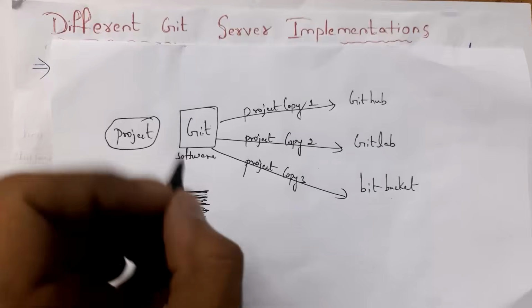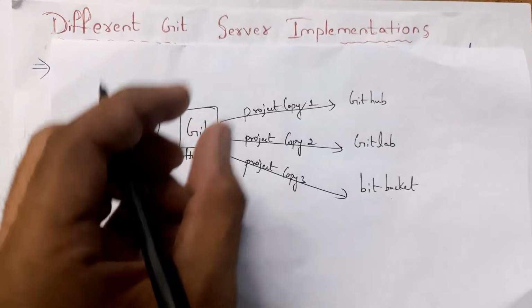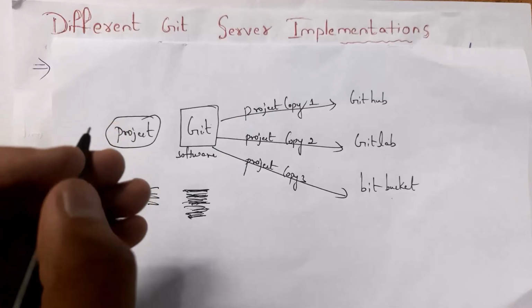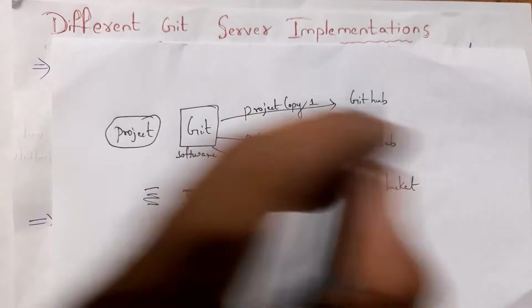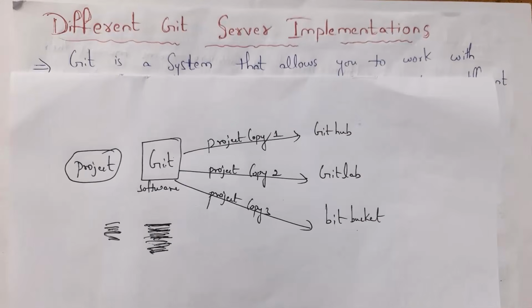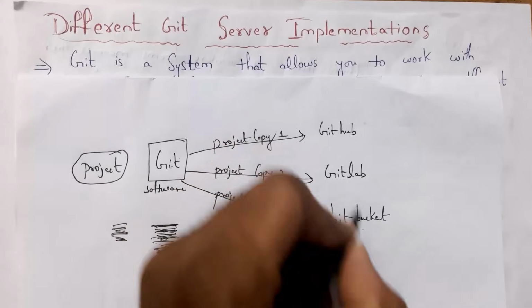For example, if you want to copy your project from Git to GitHub, you need to write the same Git commands. And similarly, if you want to copy your project from Git to GitLab, you need to write the same Git commands. So, if you want to copy your project from Git to various servers, you need to use the same Git commands. There is no change. And each server has different features and benefits.